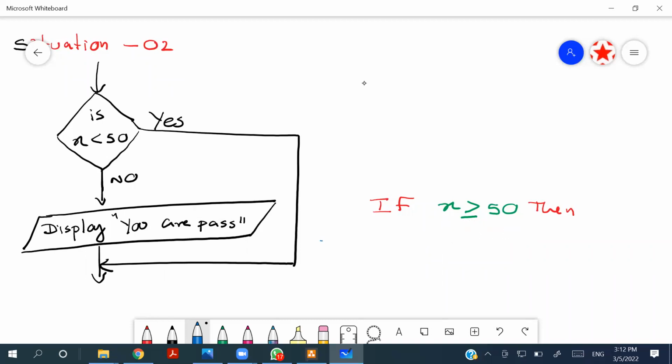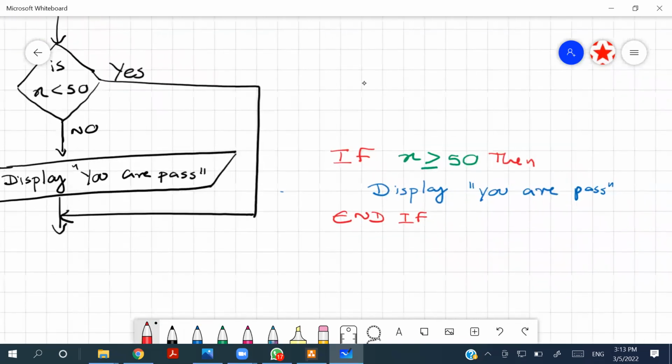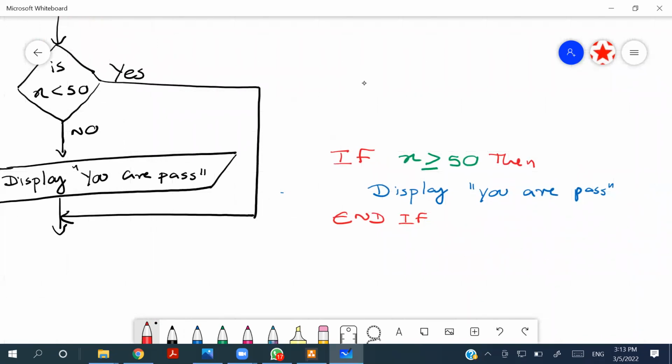Then you are going to say display you are pass. Then you can end the if. Okay, so write this down, and under it, I'll write this important thing. It's better you copy it down.